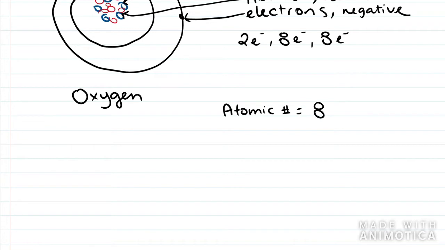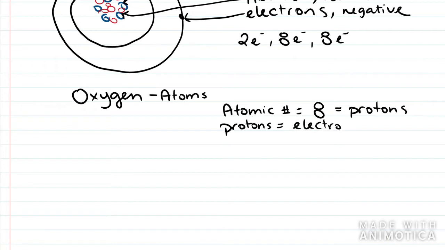And that is actually the same as the number of protons. When we're talking about an atom, our number of protons is going to be the same as our electrons. So for this, it's going to have 8 electrons.